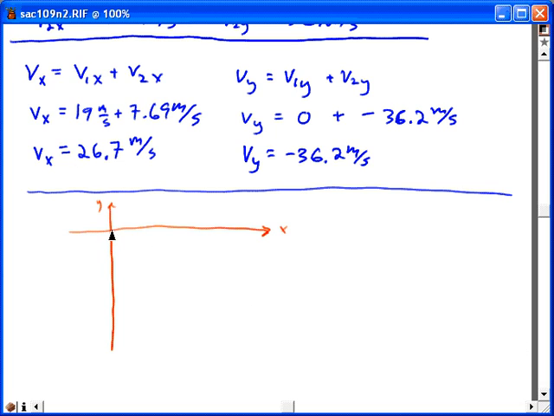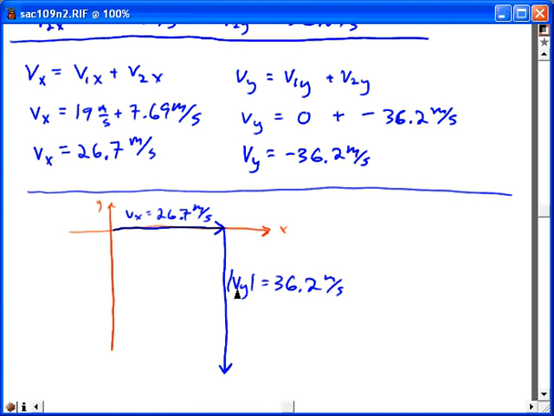So Vx, we march along here a certain distance representing the magnitude of Vx, which is the 26.7 meters per second. And then we have to go in the negative y direction, a distance that's a bit greater than that one, representing a velocity vector of magnitude 36.2 meters per second. So these are absolute value signs, just the size of that value without the sign information.